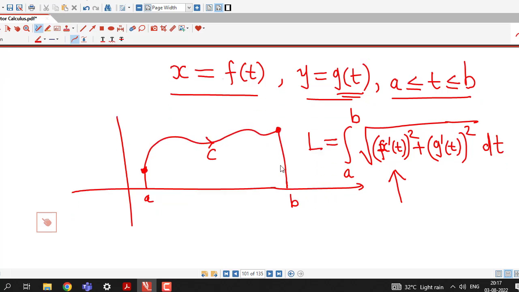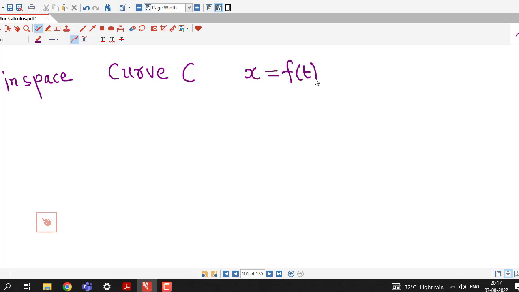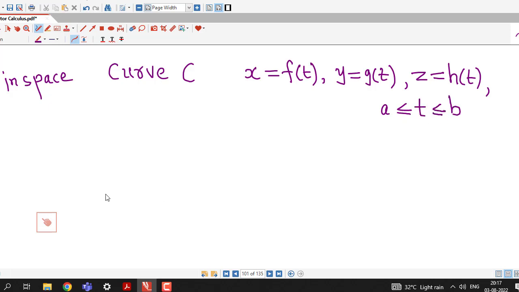Now this is the formula for length of a curve in a plane, but suppose we are interested in the formula for length of a curve C in space, then we will have 3 components x, y and z. Suppose x is given by f of t, y will be g of t, and z equal to h of t. Suppose these are the parametric equations for a curve in space, and t lies between a and b.